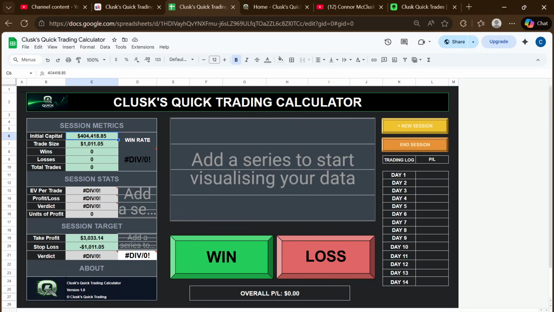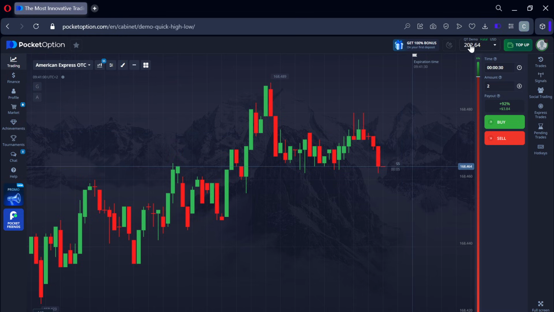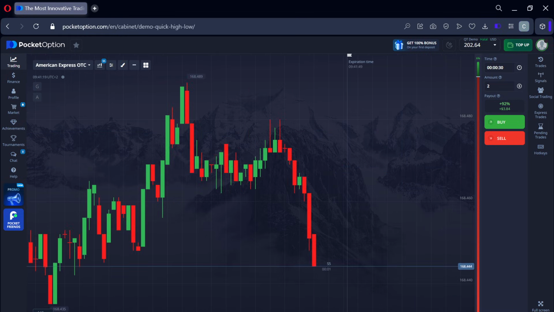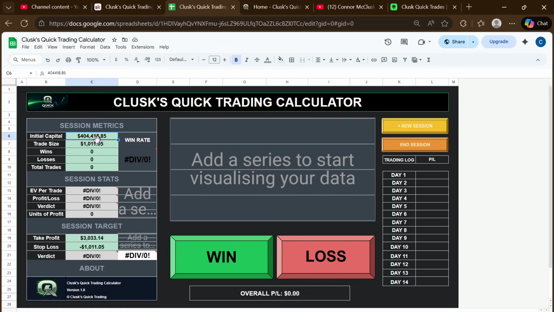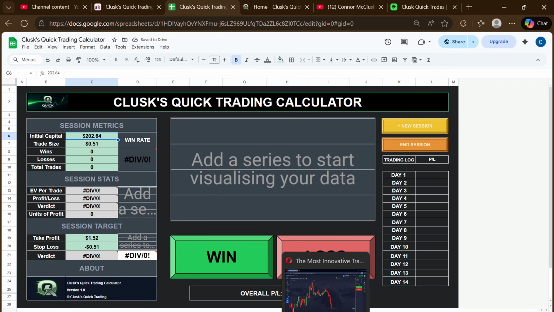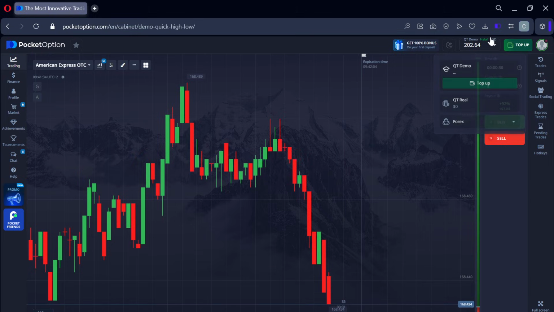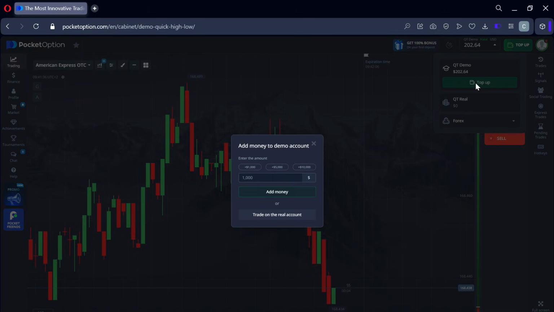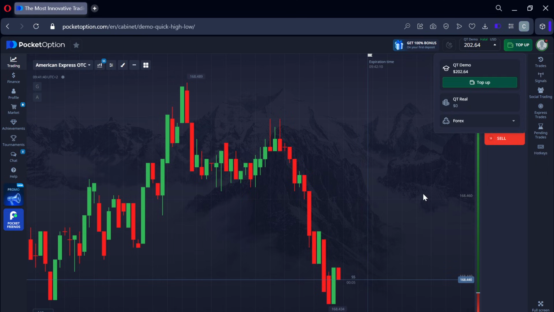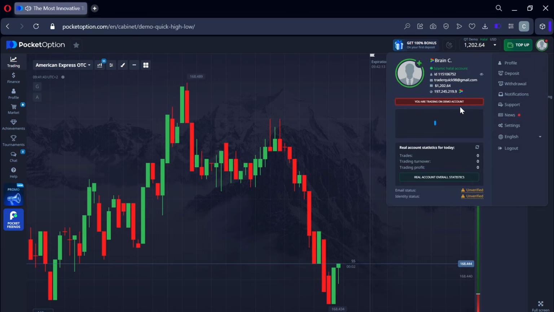Before we do, let's go and see what our balance is on the demo account here, 202.64. So I'm going to have to change it here from my real balance, because we're going to be testing how well this strategy actually works. What I do want to do real quick is add money onto here. Let's just add 1,000 here. As you can see, this isn't my real account.